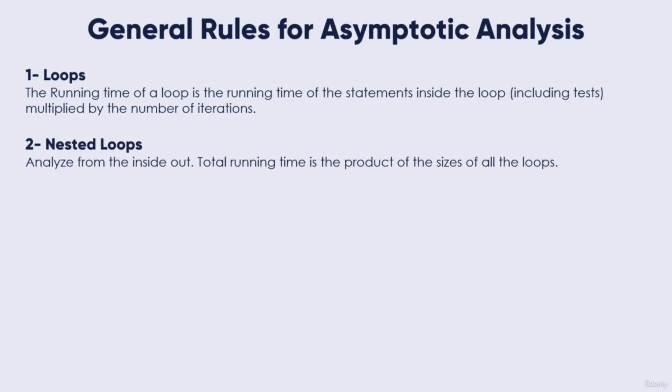So the outer loop will run 5 times, and the inner loop will run 5 times. Every time the outer loop runs, it runs the inner loop 5 times. So 5 times 5 times c is c n squared. And we said that we took the highest power, which is the c n squared term, and we remove the c, which is the constant, and we have the O of n squared notation.